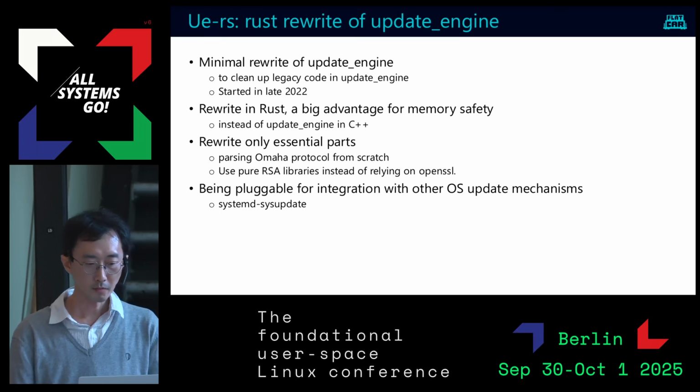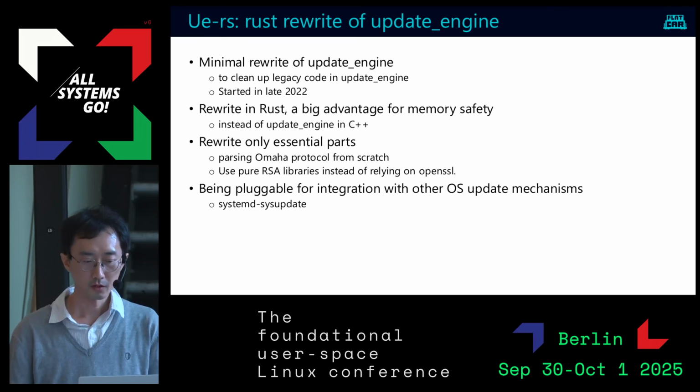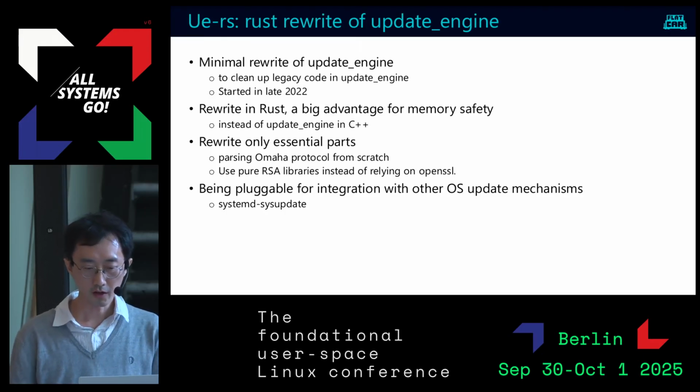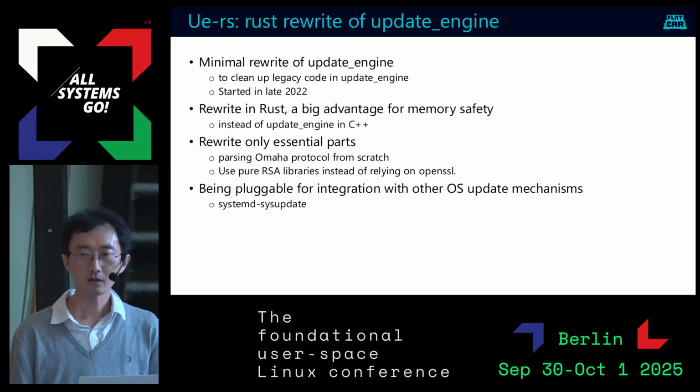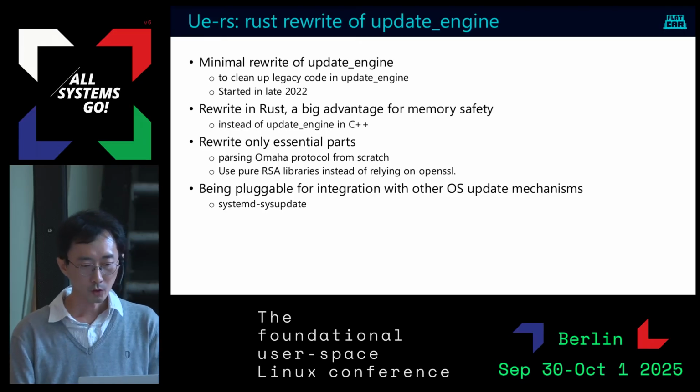So, for example, parsing the Omaha protocol from scratch, as well as a pure Rust RSA library instead of relying on OpenSSL, so that we don't have to rely on the bindings around OpenSSL and so on. Also, it aims to be pluggable for integration with other OS update mechanisms, such as systemd-sysupdate.